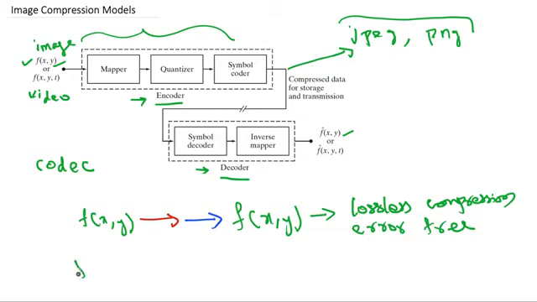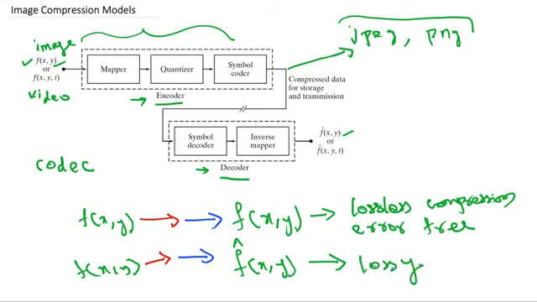Now suppose you have an image f of xy, you compress it and then decompress it, and the image you get is not exactly what you compressed. It has slight differences, which is denoted by the term f hat of xy. Then such a compression procedure is called lossy compression.